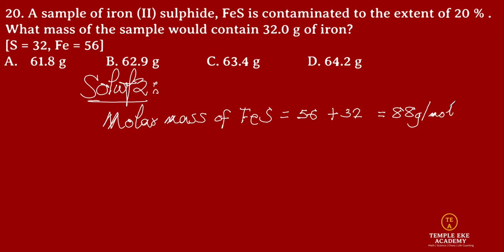Now, very quickly, we like to mark here that out of 88 grams in 1 mole of iron(II) sulfide, 56 grams is contributed by iron. It is good to note that because that is a relationship already that we can take advantage of. This 56 is contributed by iron. Invariably, we're saying 56 grams of iron is present in 88 grams of iron(II) sulfide.